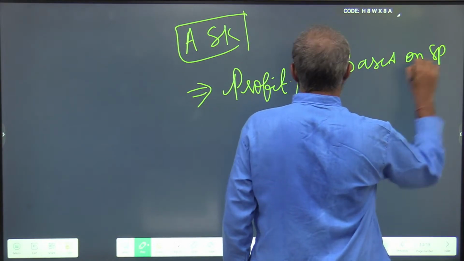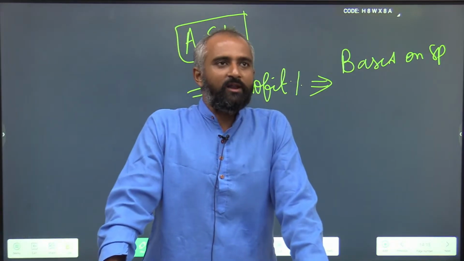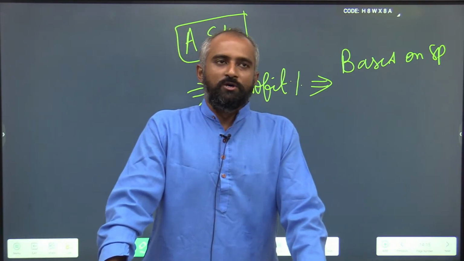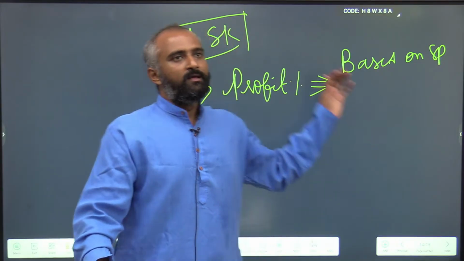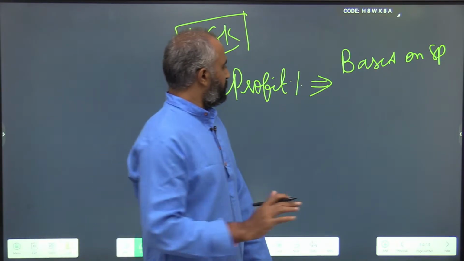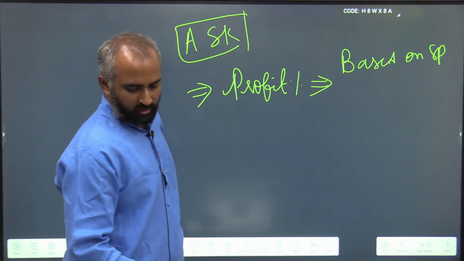Normally what happens? What is your profit based on? Your profit is always based on how much it has cost you. So the base for profit is always cost price, but this shopkeeper has made a mistake and has calculated the profit based on SP.